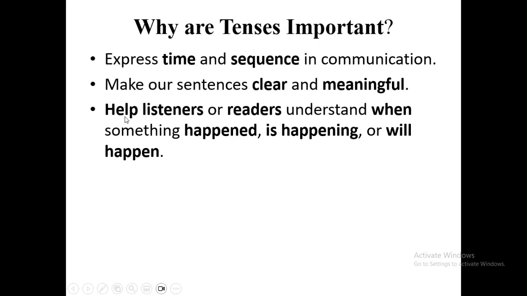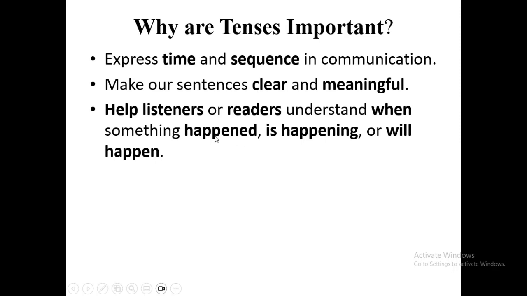And then the third point is, they help listeners or readers to understand when something happened or is happening.